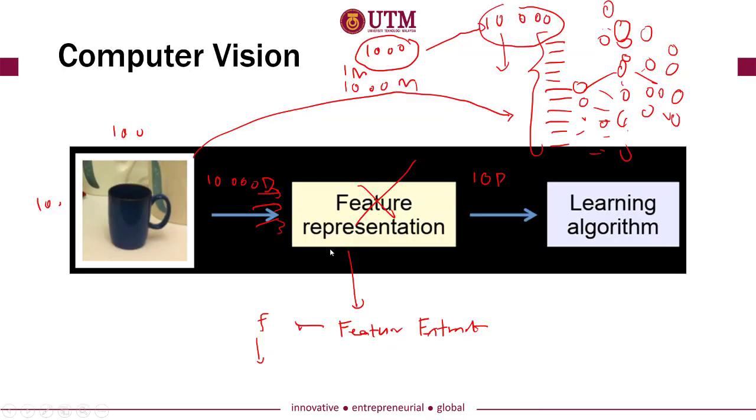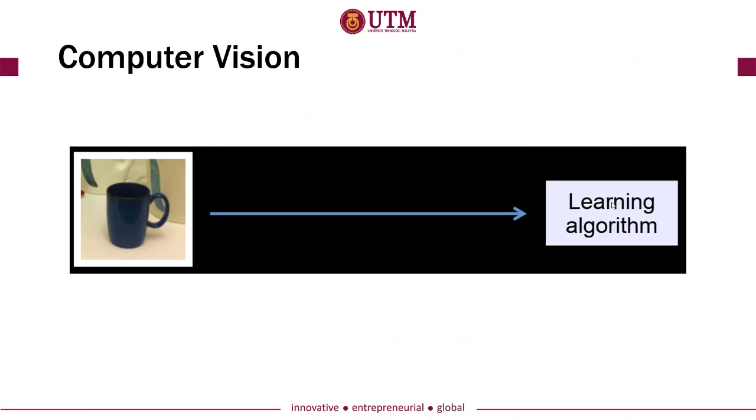Okay, so that's the philosophy behind deep learning: instead of us as humans trying to design the features for the learning algorithm, it will be much better to let the computer decide what are the best patterns to be fit into their learning algorithms.